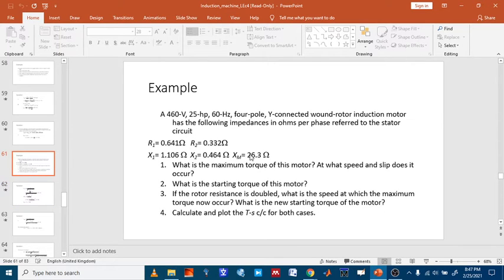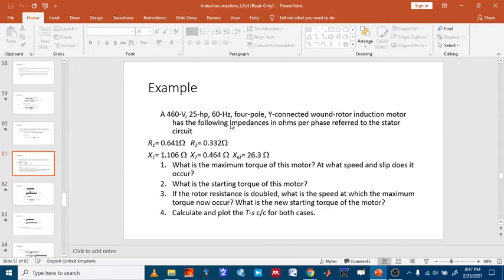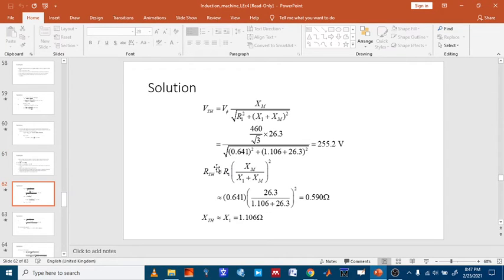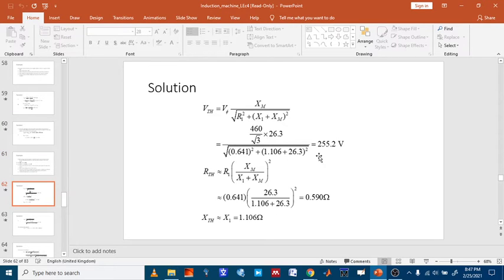The XM was given to be 26.3 ohm, all over the square root of R1 square, 0.641 all square, plus X1 plus XM all square. They are all given. Just substitution, and you get VTH to be this.